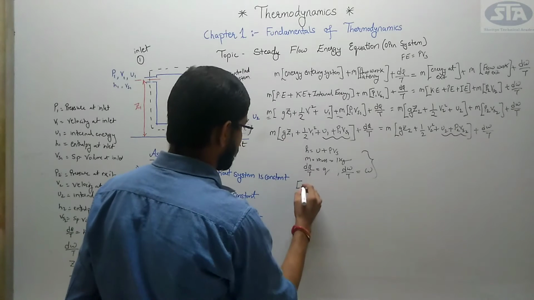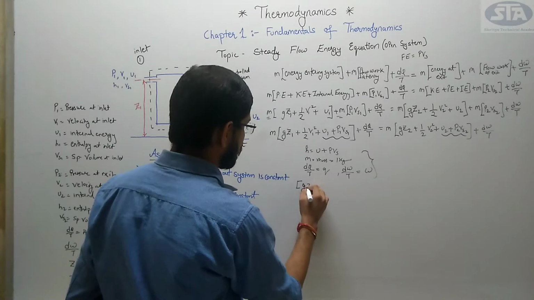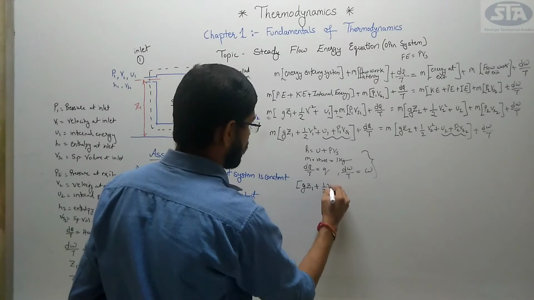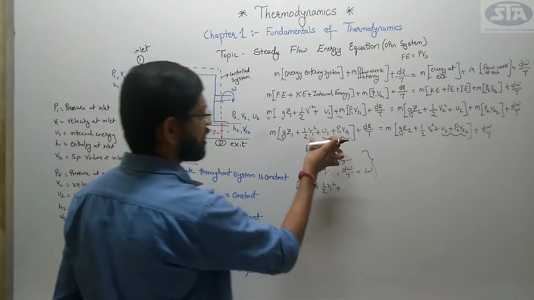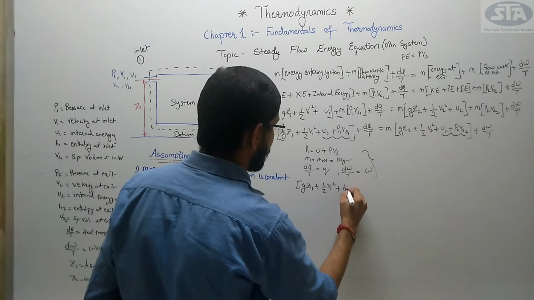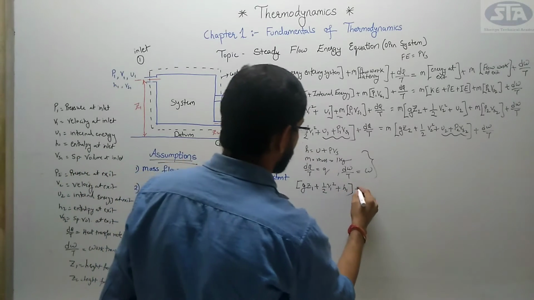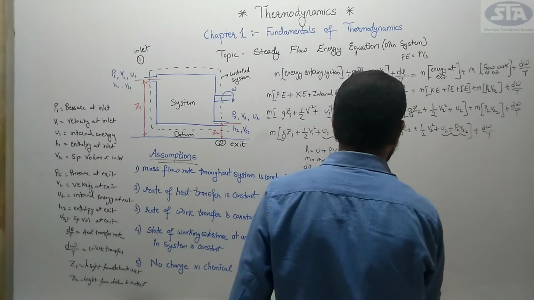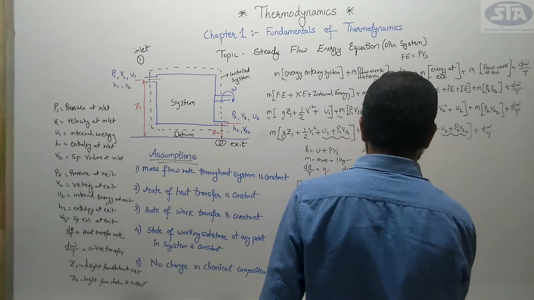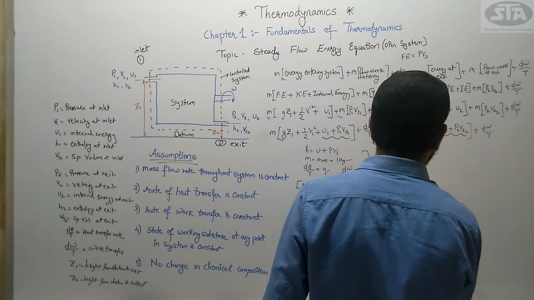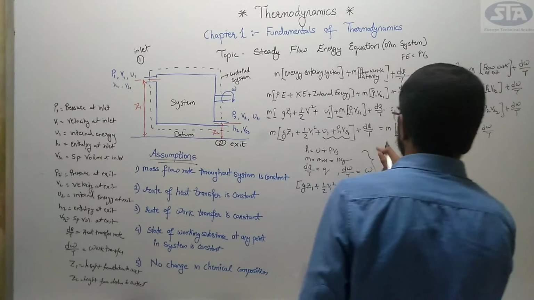So my equation becomes gZ1 plus half V1 square plus, instead of U1 plus P1 Vs1, I will be writing enthalpy H1, right? Plus here dQ by T will become my Q equals, what will my RHS be, gZ2 plus half V2 square plus H2, that is enthalpy.